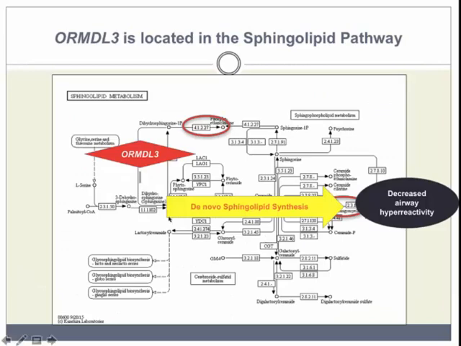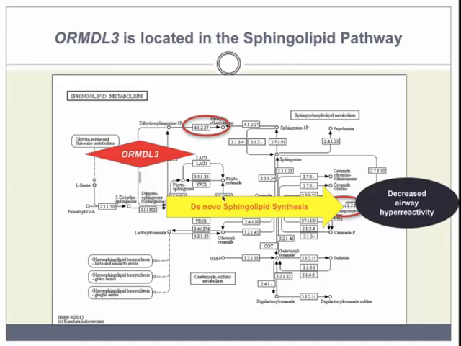Well, I'm showing now in this slide where ORMDL3 sits in the Sphingolipid pathway. So if we have vitamin D operating through this pathway, and we also know that this number one very important asthma gene is operating through this pathway, how can we put this all together?